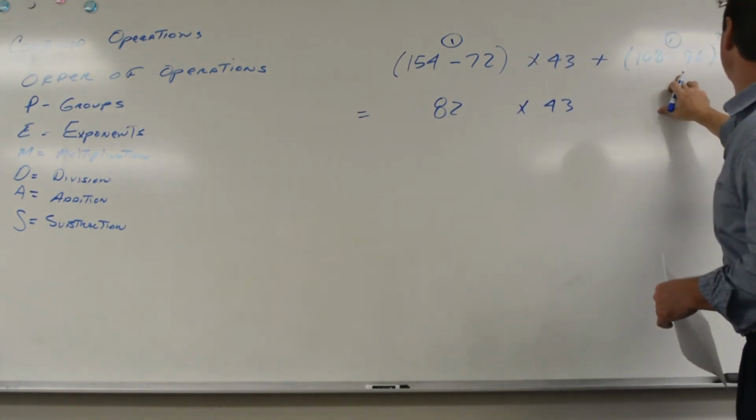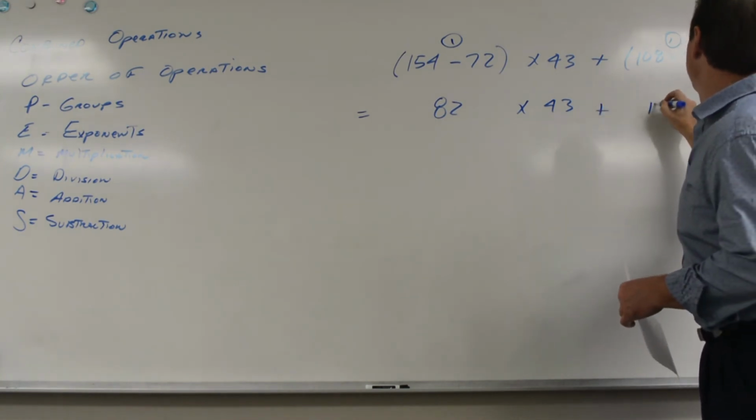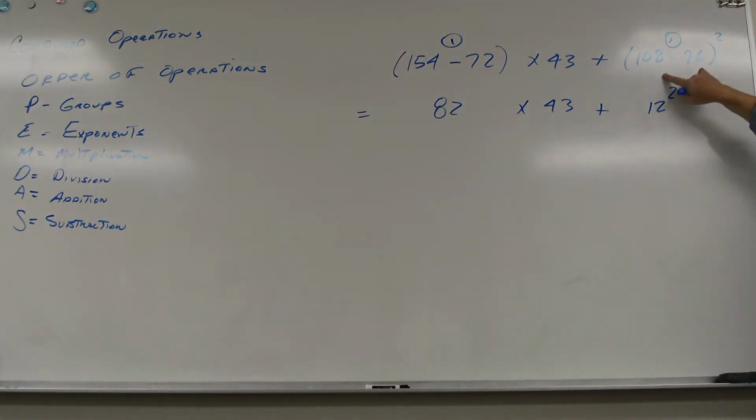What are we going to get here? And 12 is squared. So this is 12, and we got to keep this squared with it because it's applied to this quantity. So subtract 96 from 108 first, and whatever that answer is, you square it. Okay, gotcha. That's what this is saying.